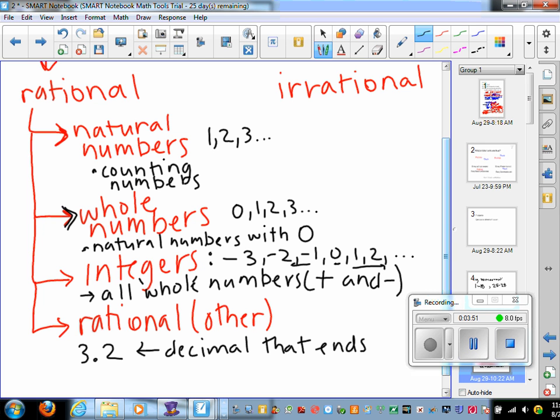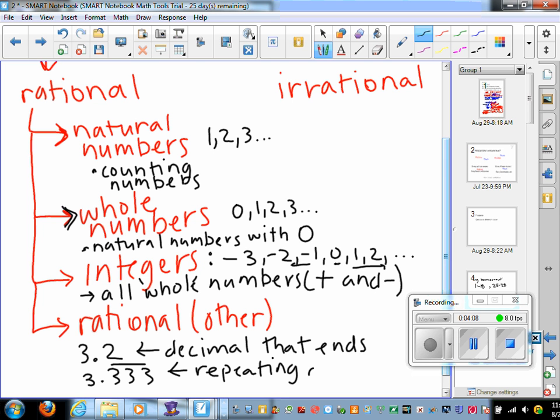Or let's say 3.333. This decimal keeps repeating. That is a rational number because it stays the same. So a repeating decimal is rational. So those are all the categories that we're going to look for.